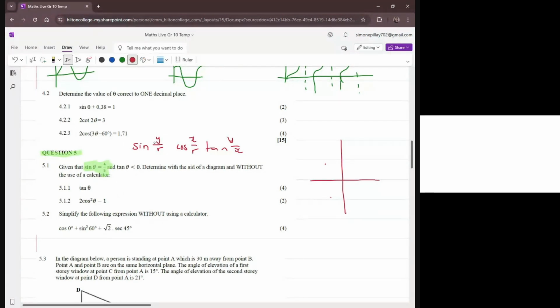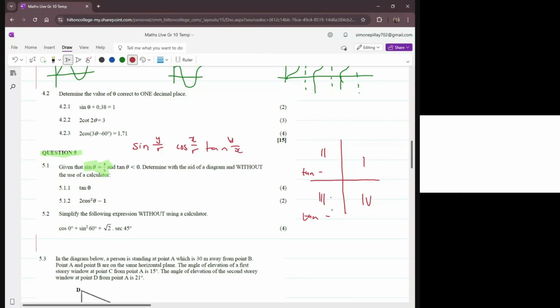Okay, so stay with me. Tan is negative in this quadrant and in this quadrant. And it is quadrant 1, quadrant 2, quadrant 3, and quadrant 4. Tan is negative here, and tan is also negative here.